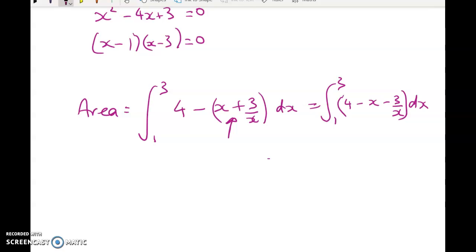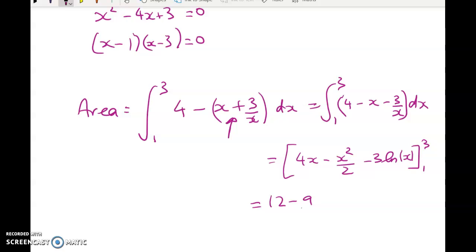Okay, so now integrating this is straightforward. We get 4x minus x squared on 2 minus 3 times the natural log of x with the absolute values between 3 and 1. That gives us 12 minus 9 over 2 minus 3 log 3 minus 4 plus 1/2, and then this becomes 0 because the natural log of 1 is 0.